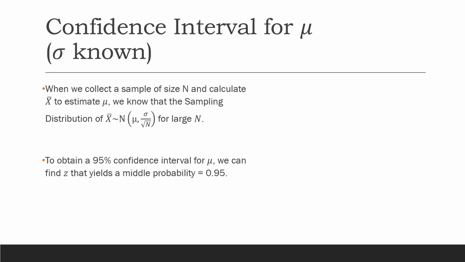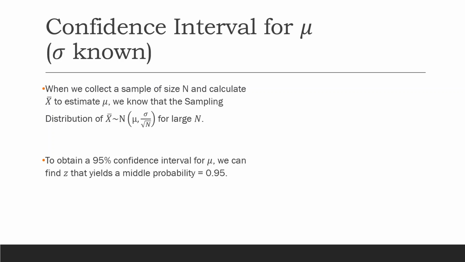Well, in order to obtain a 95% confidence interval for mu, we can find the z-score based off of that sampling distribution that yields a middle probability of 0.95, right?